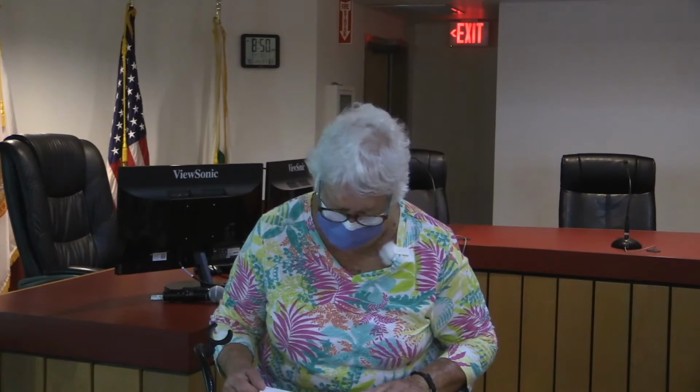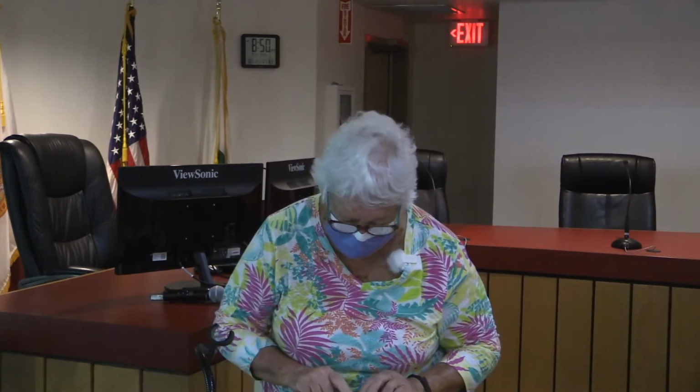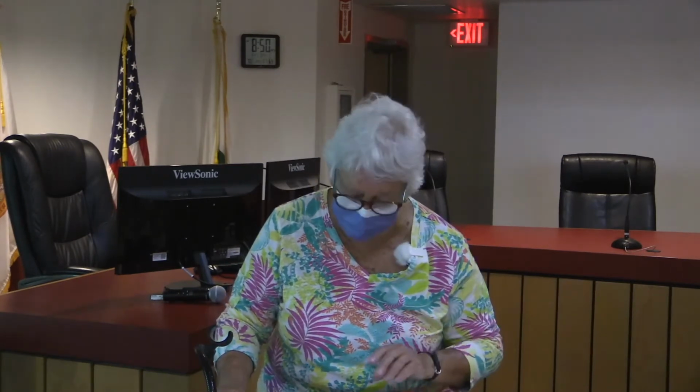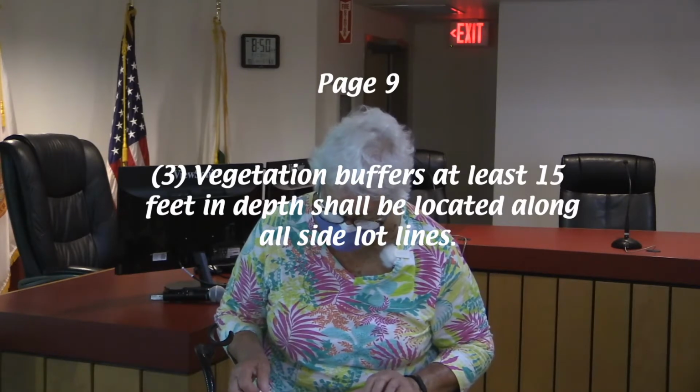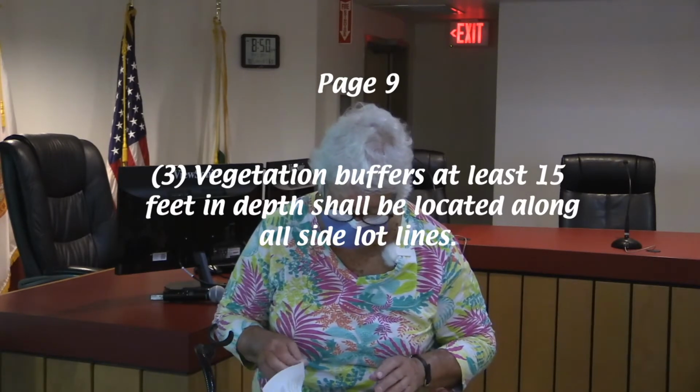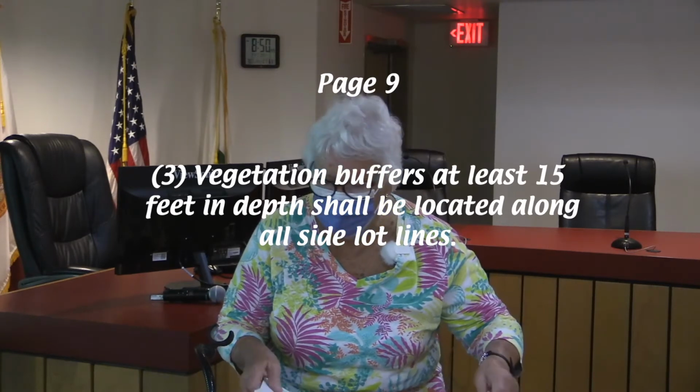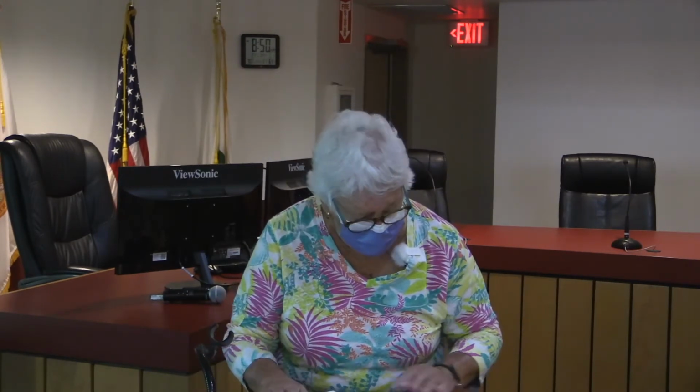That's the area that protects the commercial district from the street, the vegetation buffer along the street. Then there are also vegetation buffers on either side of the property. If you go down to number 3, this is also important: vegetation buffers at least 15 feet in depth should be located along all side lot lines. Okay, next page.